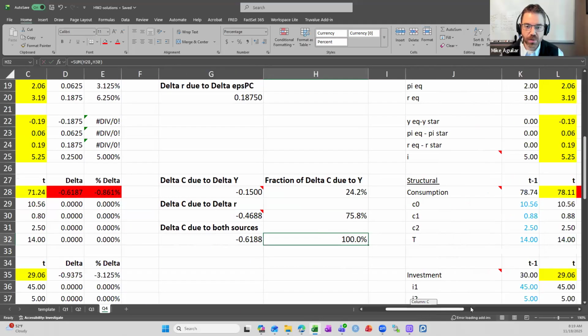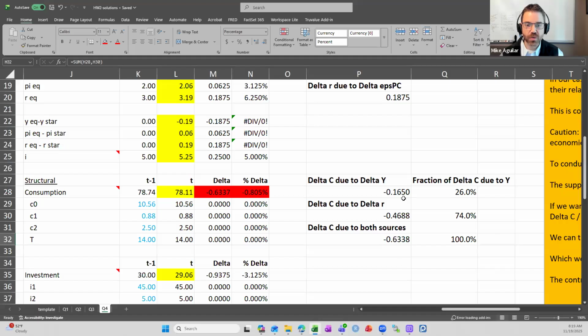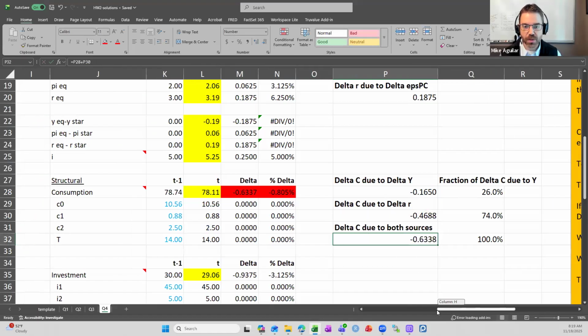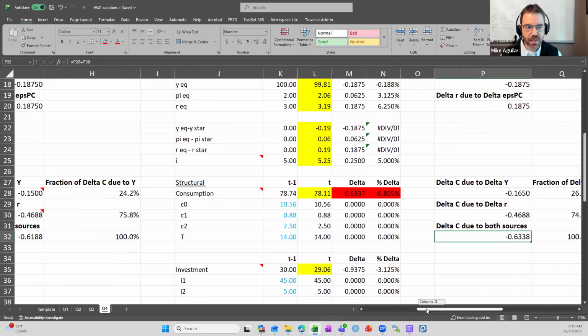Scooch on over. Over here, we have the same exact structure, architecture. All the formulas are the same, but they're linked to the new framework, which is the new marginal propensity to consume. I want to see if I can get both of those on the same screen. Kind of. Okay, so take a look.